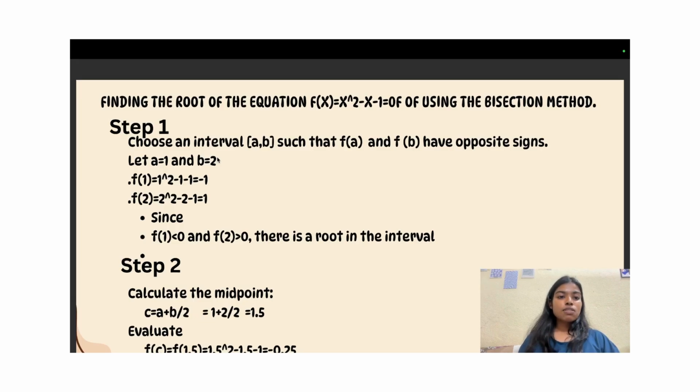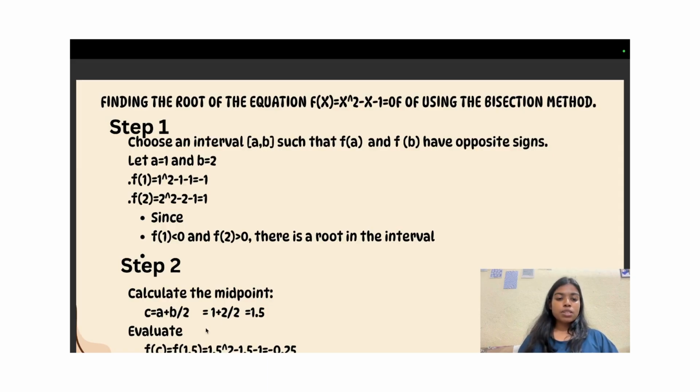Let a = 1 and b = 2. Then f(1) is -1 and f(2) is 1. Since f(1) is less than 0 and f(2) is greater than 0, there is a root in the interval.